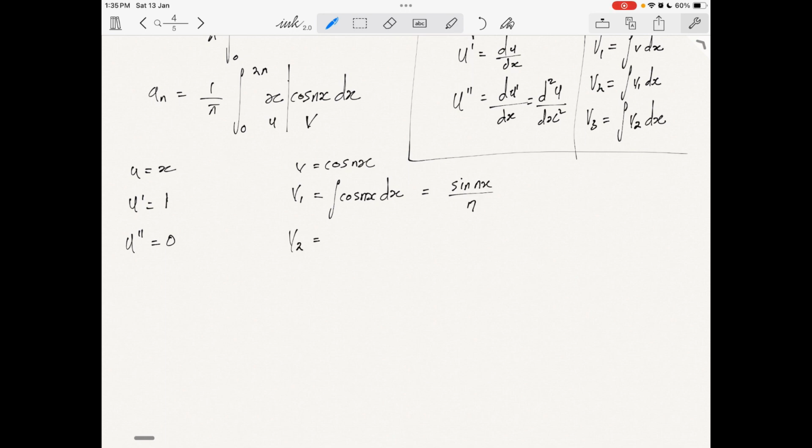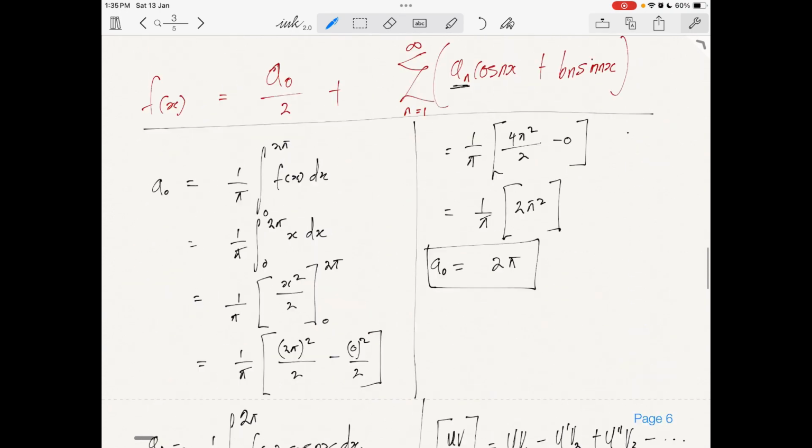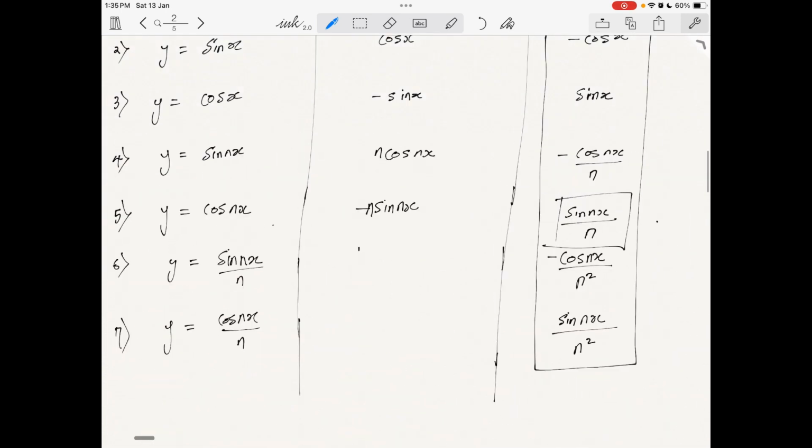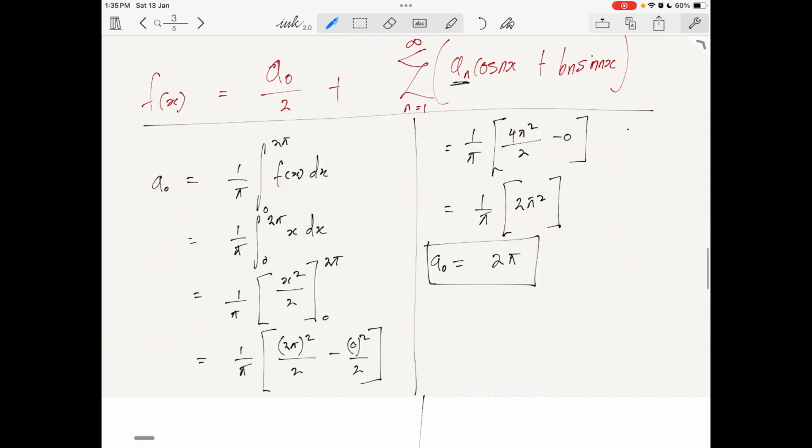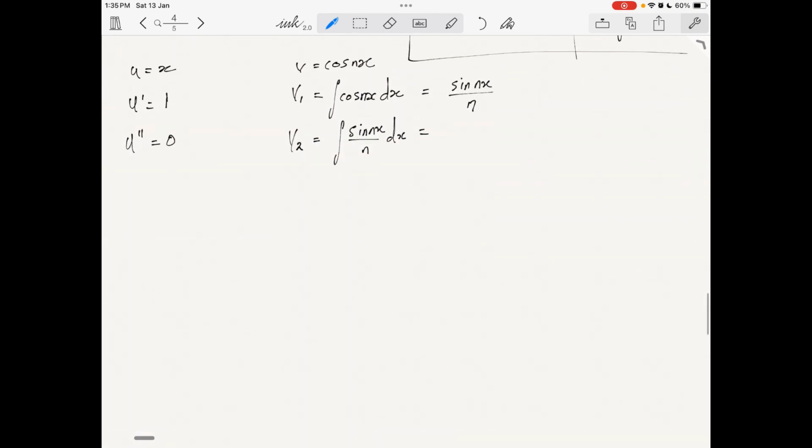To evaluate v2, we integrate v1, which is sin nx over n, with respect to x. Integrating sin nx over n gives us minus cos nx over n squared.